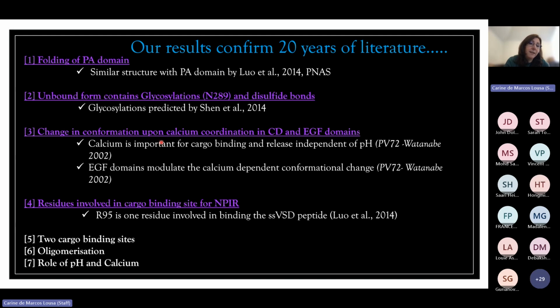We also found that calcium coordination in the CD and the EGF domains was important for cargo binding, and this was already predicted by Watanabe in 2002. And we also found that arginine 95 was a residue important for binding of the cargo, which was already predicted by Liu et al. So at this stage, we were very happy.